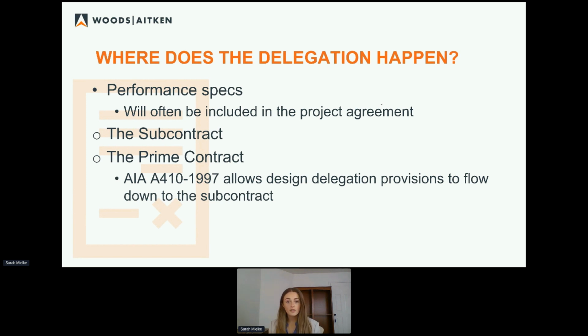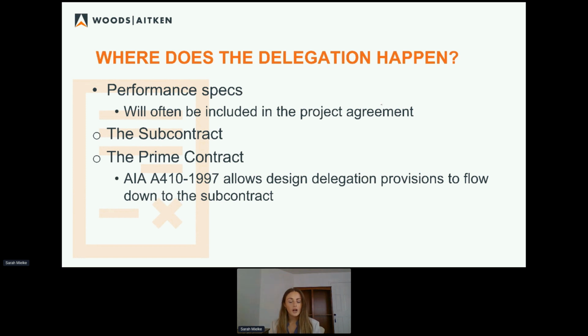But definitely look for design delegation in the subcontract and in the prime contract. Contract is the best way to make sure that your design delegation is not imposing indirect liability. We're going to talk about that at length in a little bit, but just be aware that even though the best way to do this is by contract, it can happen kind of implicitly too.